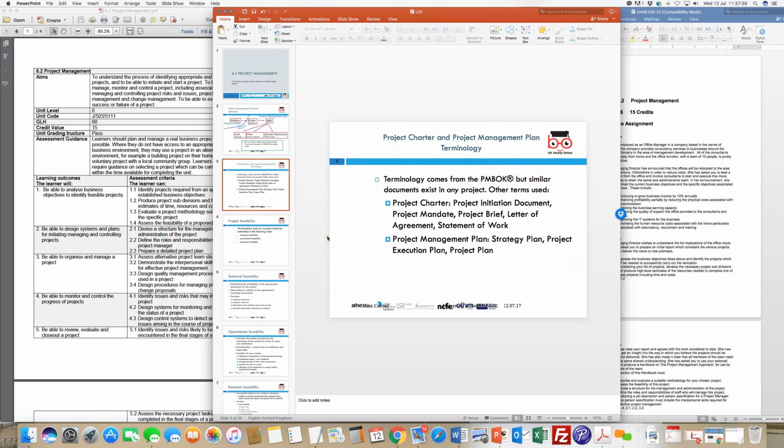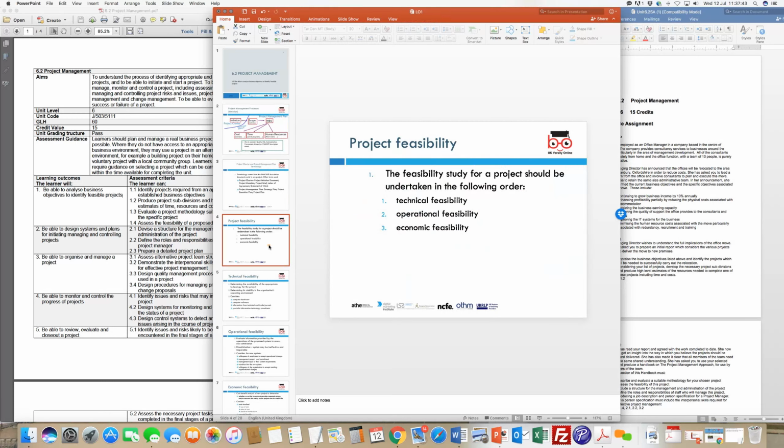Now let's look at some of these things in a bit more detail, and understand the terminology around project management. One of the key things that we've discussed right now is how we define a project, how a project is initiated, and what is the process or the plan overall in terms of project management.